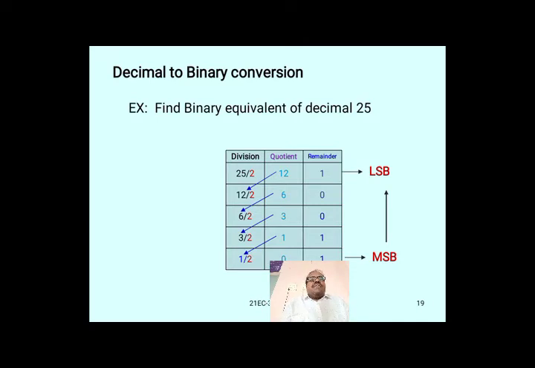What we get as values are the quotient and remainder. 25 divided by 2: the quotient will be 12 and the remainder will be 1.